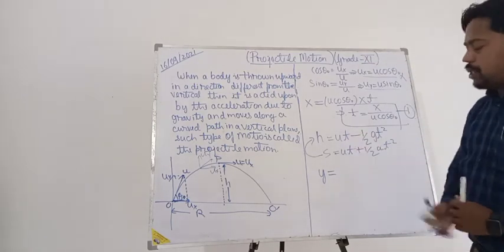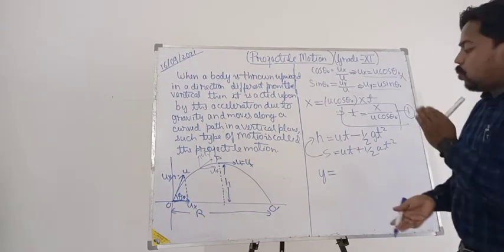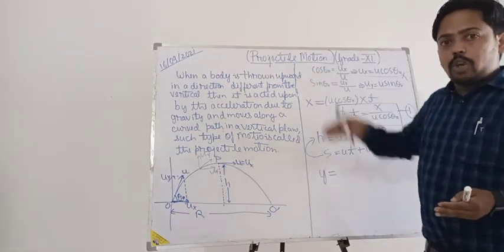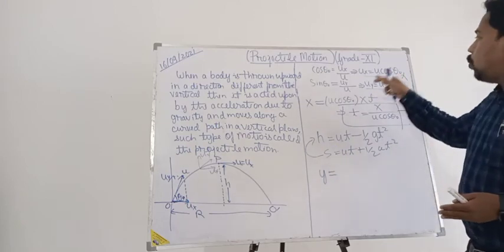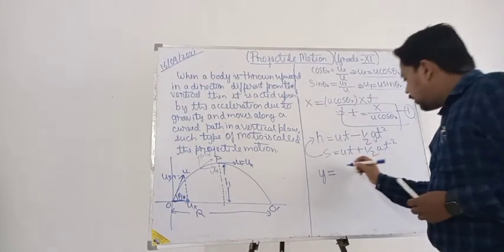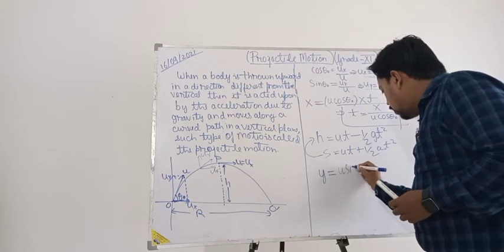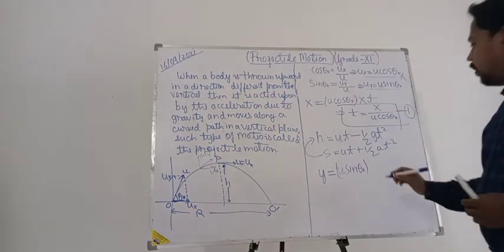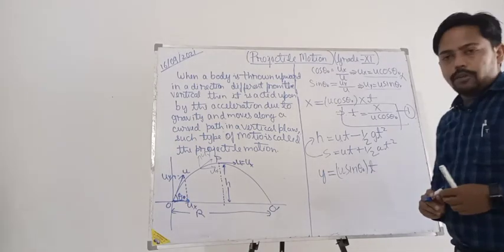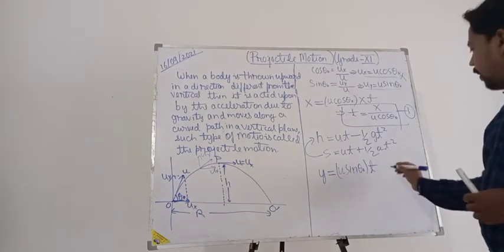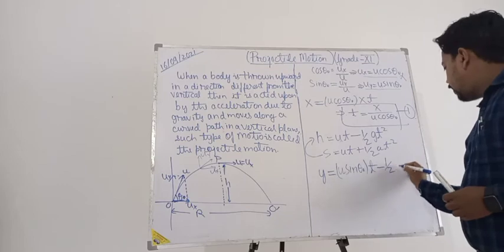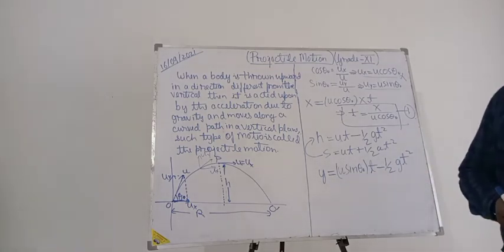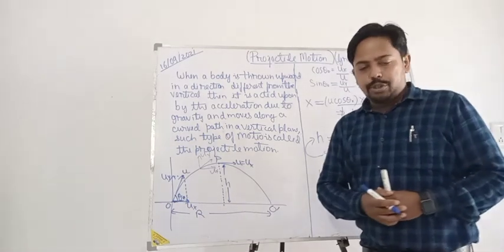So instead of this initial speed, we will use the y component of the speed, because we are talking about the y height: u sin θ₀ into t, in t interval of time, minus (1/2)gt². This is what we can write according to the equations of motion.